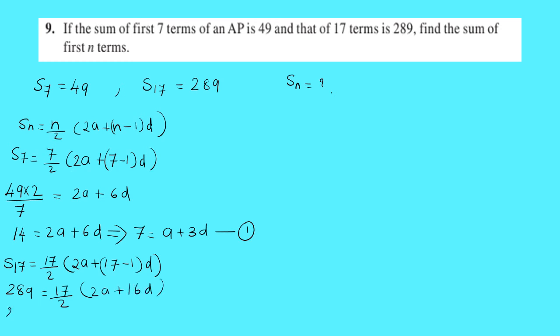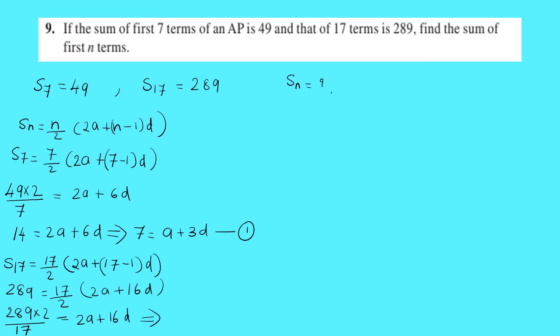Now doing the cross multiplication, you will have 289 multiplied by 2 upon 17 equal to 2A plus 16D.